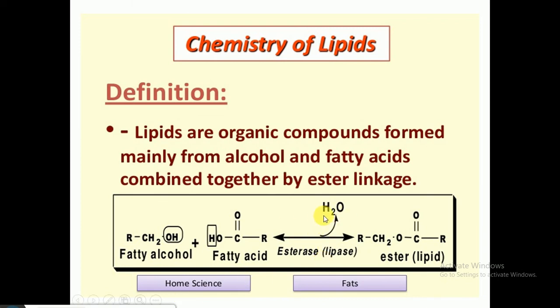The water molecules are liberated, and here the ester is formed. This is the chemical formula. These are basically lipids, which are high molecular weight compounds. So look at here, this is the R alkyl group, and this is CH2, oxygen, and carbon double bonded with oxygen.